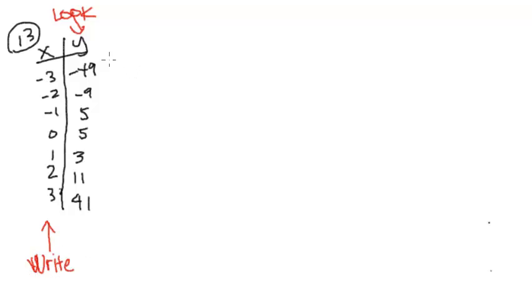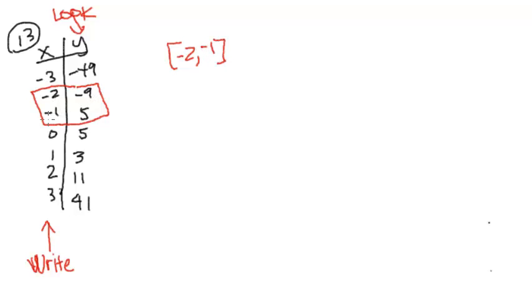Okay, so I look for a sign change. I see that there's a sign change right here. So that means I'm going to write between negative 1 and negative 2, well, actually, I'm going to write that backwards here. -2, -1 is where I'm going to have a 0.